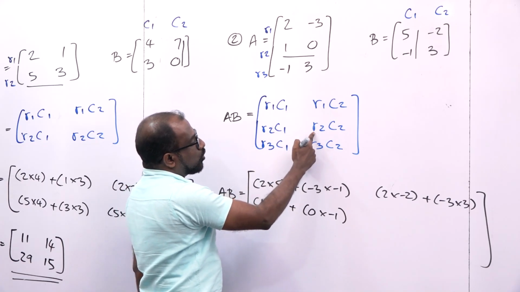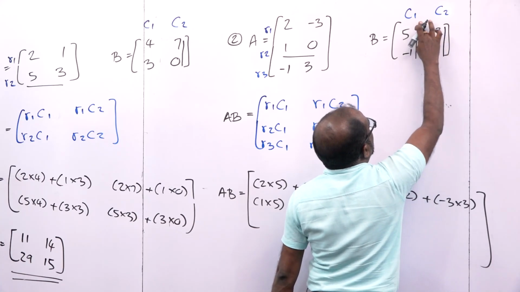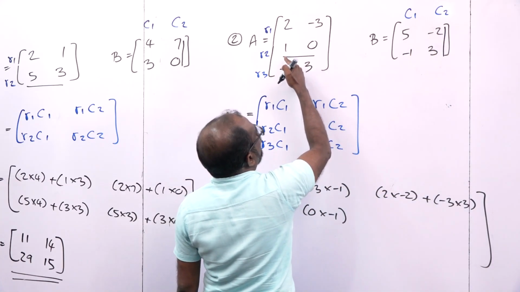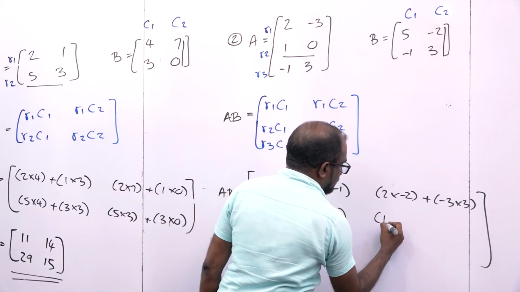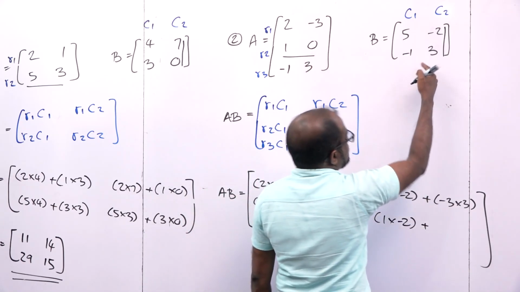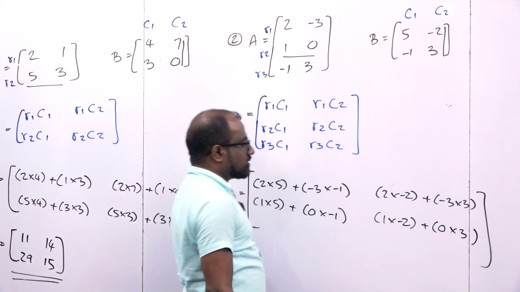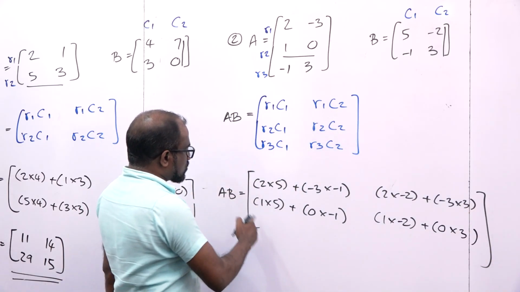Next one, row 2, column 2: second row multiplied by second column. 1 times minus 2 plus 0 times 3.